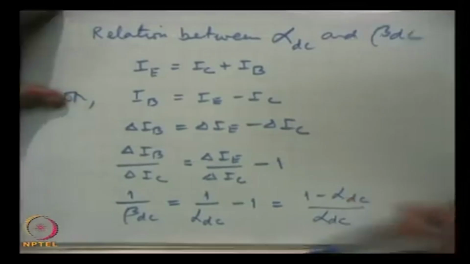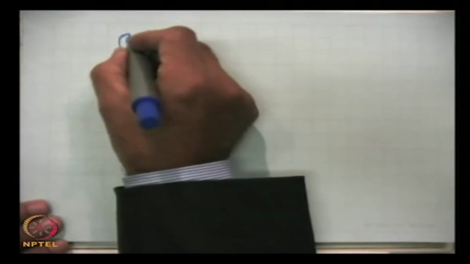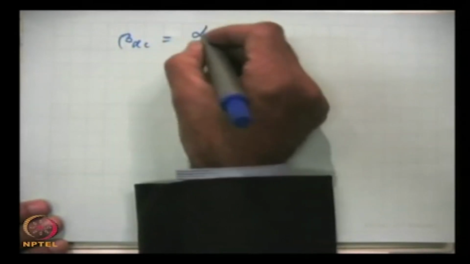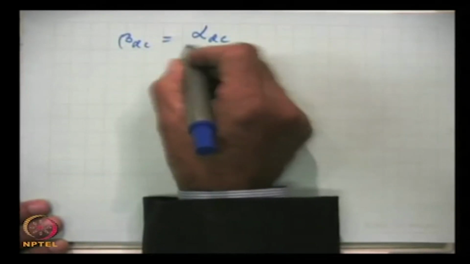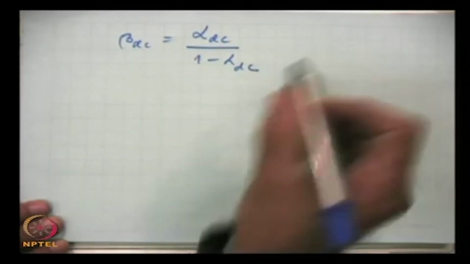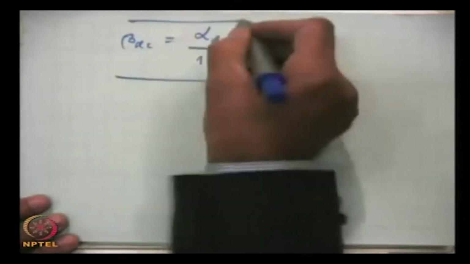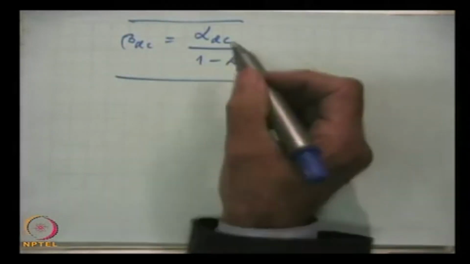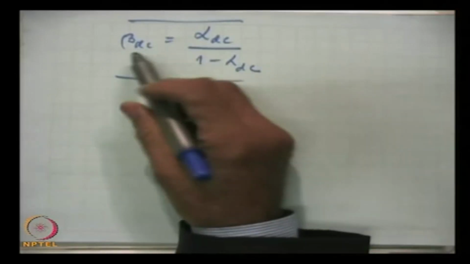From here we get the relationship that beta DC is equal to alpha DC by 1 minus alpha DC. This is a simple relationship which we use to get the value.